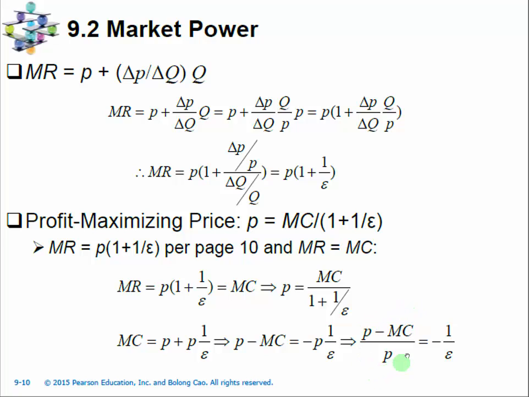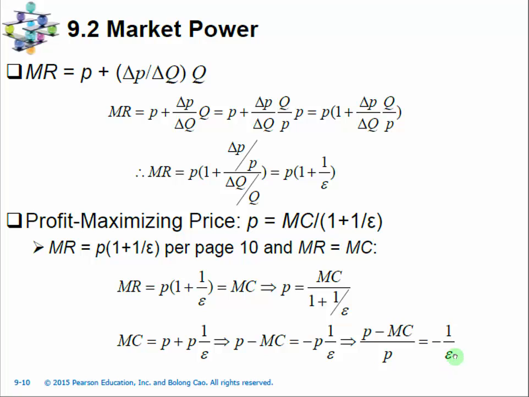What it says is that this markup is a positive number. Remember, the price elasticity of demand, epsilon here, is negative. A negative sign before a negative number makes the whole number positive. So this is a positive number, and the monopolist only supplies in the elastic portion of the demand curve.